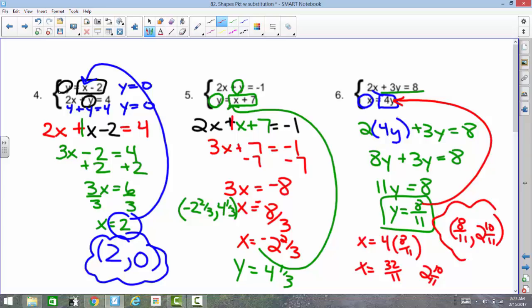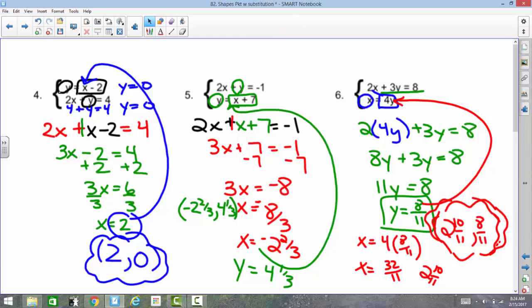You can plug it in and check if you want. Yeah, I flipped that, didn't I? Thank you. X is 2 10/11. Y is 8/11. That is your ordered pair solution.